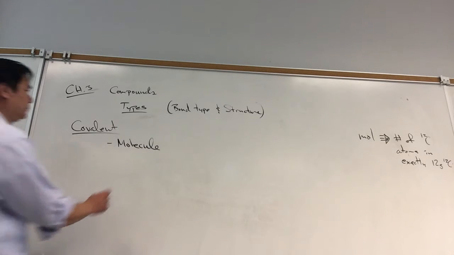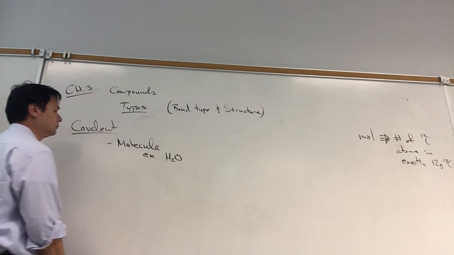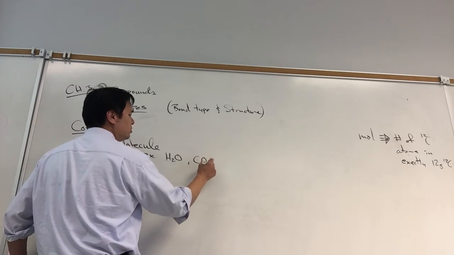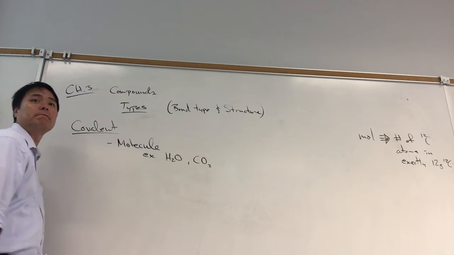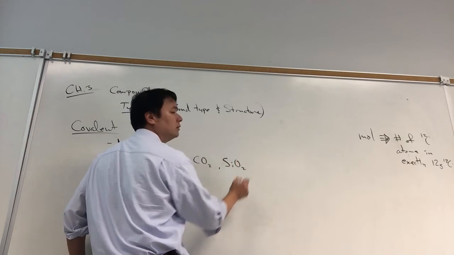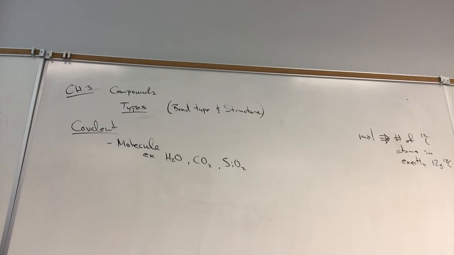Example would be water, H2O. Another example would be CO2. How about SiO2? Silicon is in the same family as carbon. It's right below carbon there. And so CO2 and SiO2, same structure.